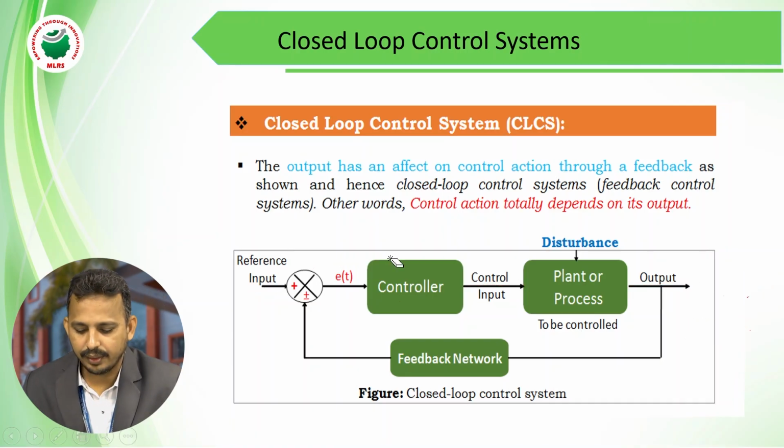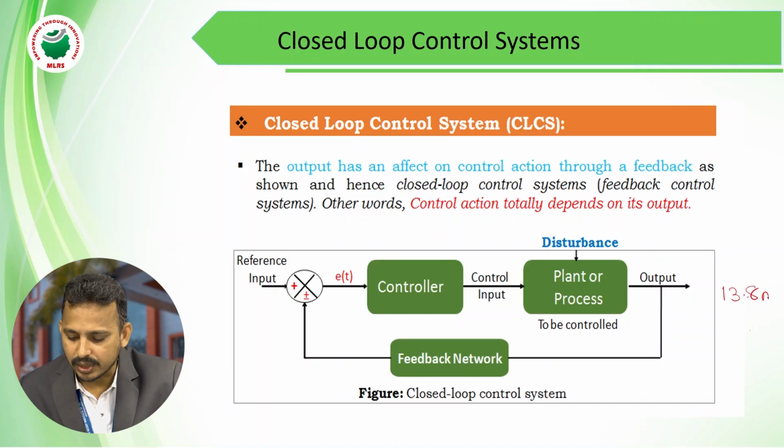As I said earlier, in the thermal power station, suppose the steam pressure to be maintained is 13.8 megapascal, but originally I am getting a steam pressure of 13 megapascal.